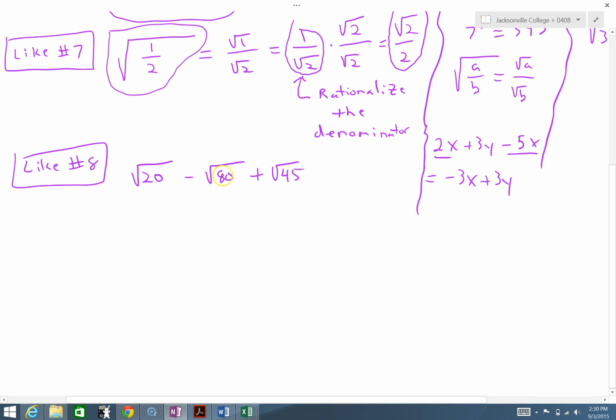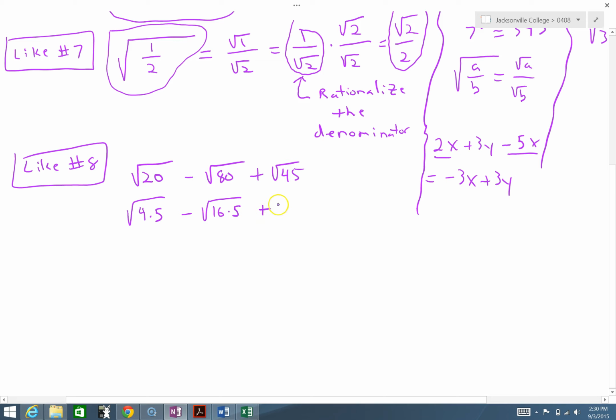So right now we cannot combine any of these because these numbers are different, but we can get them to be the same. I want to think about what are the perfect squares that will go into 20. Well, 4 will. 20 is 4 times 5. What perfect square will divide into 80? 16. 80 is 16 times 5.